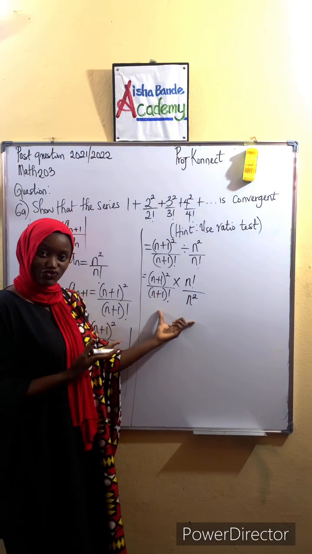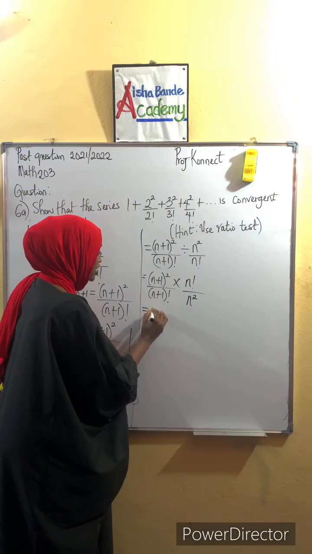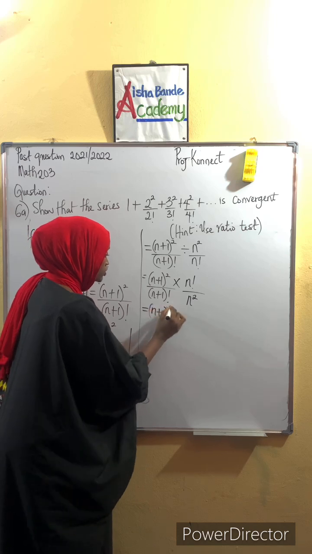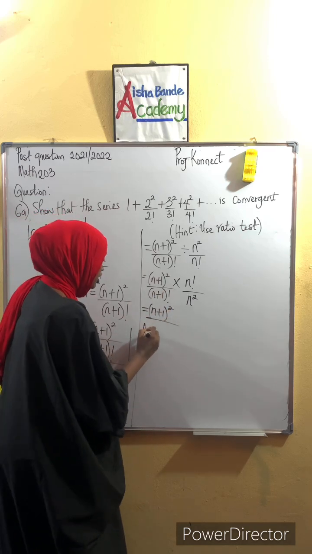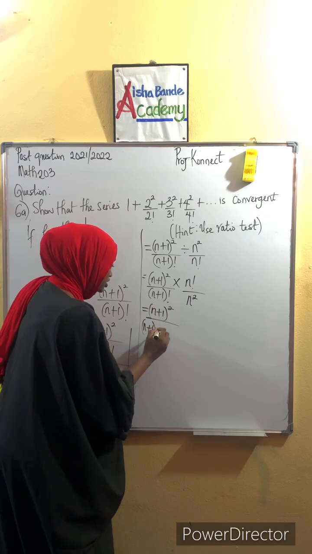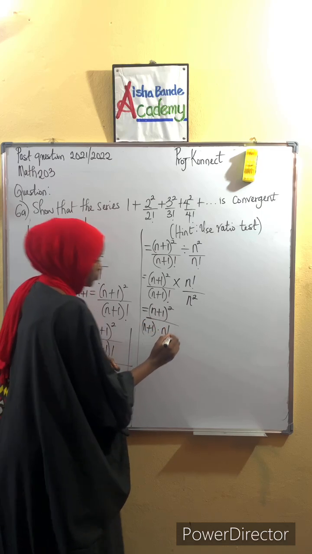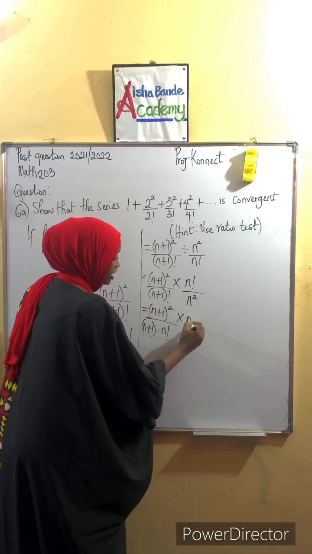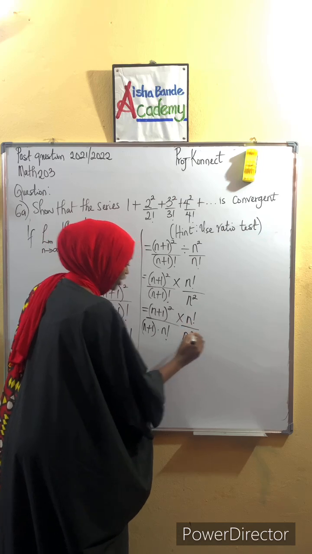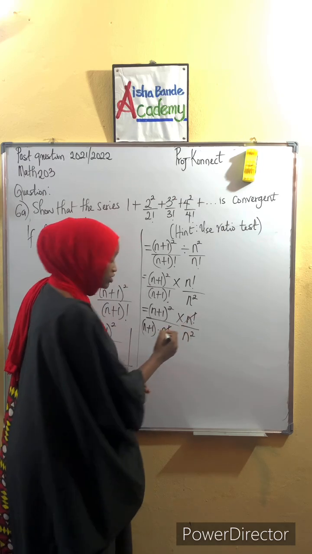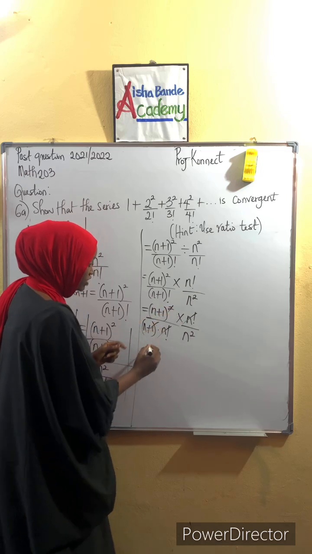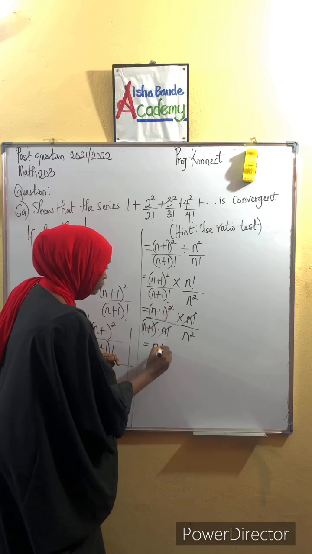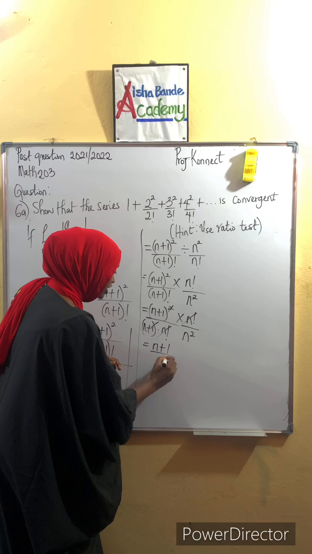We simplify further. n plus 1 all square over n plus 1 factorial is the same as saying n plus 1 times n factorial. So times n factorial over n square. n factorial cancels n factorial, and one n plus 1 cancels one n plus 1. What we have left is n plus 1 over n square.